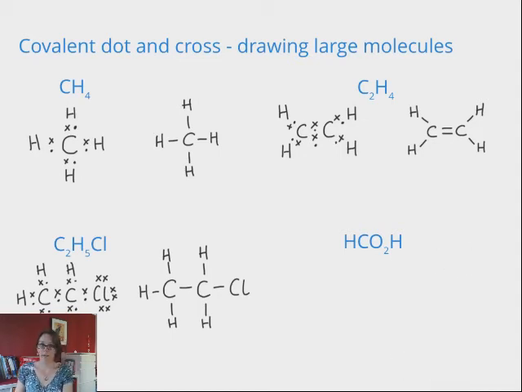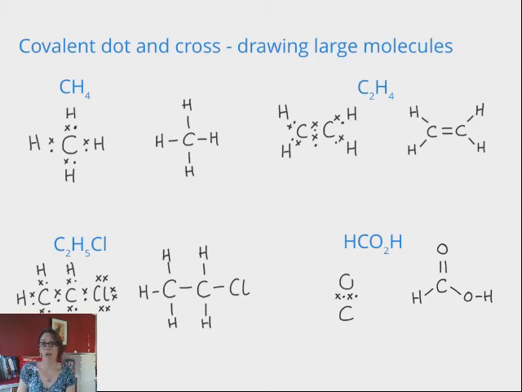Sometimes you might have to play around with the displayed formula if you really don't know the molecule yet, but the more you do organic chemistry, the more you will understand the different ways that we can put molecules together, and there aren't as many different combinations as you think. So a displayed formula of that, which is methanoic acid, would look like that.